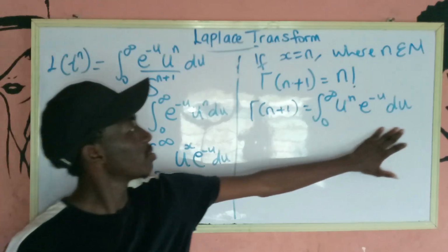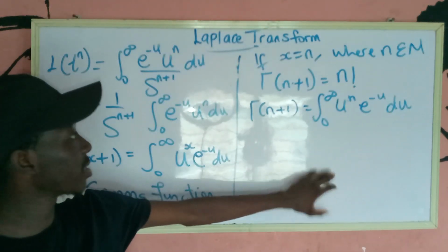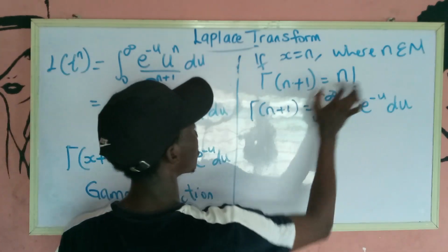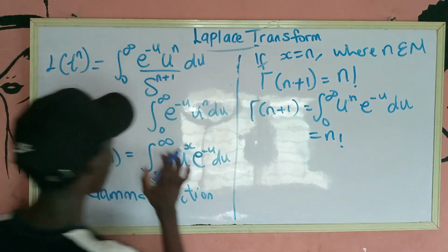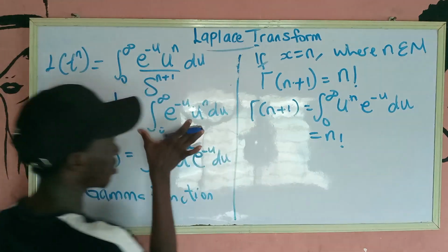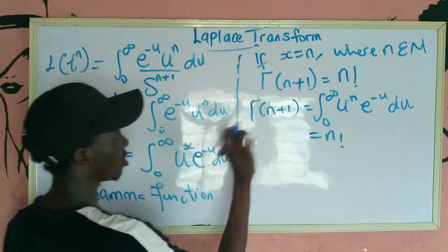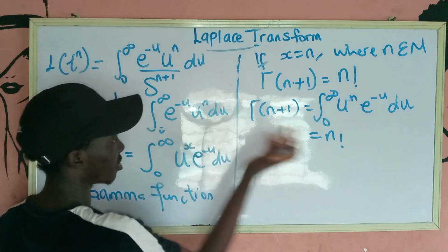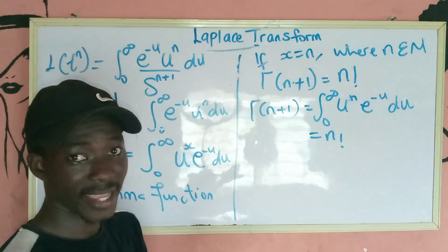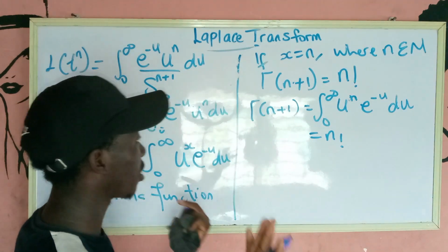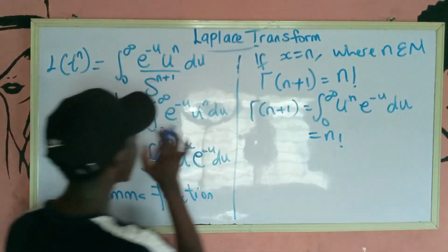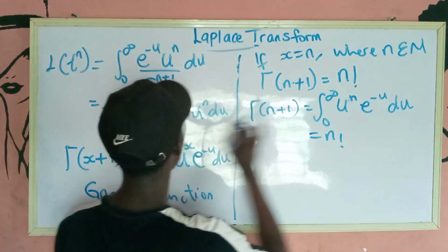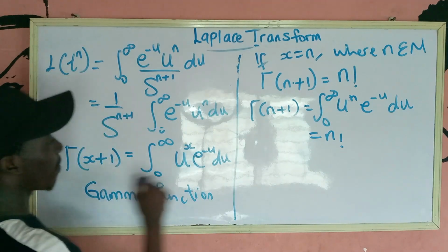That'll be exactly this. Are you getting? So since it's equal to this, that means this stuff is as this, right? The only difference is you have the minus u here, and that's the same thing, because a times b is b times a. You don't have any problem here. So that means this stuff is exactly n factorial.